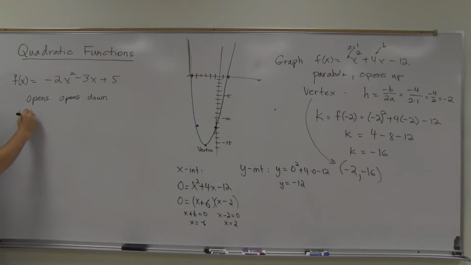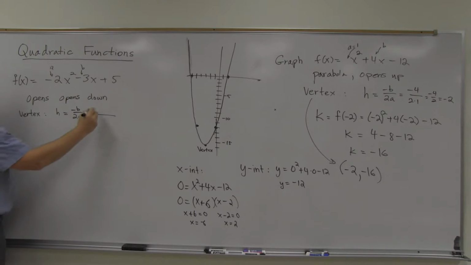Our vertex, so we're going to use our vertex formula, H equals -B over 2A. So again, A is -2, B is -3, and so the way I look at that, B is -3, so negative B would be +3.